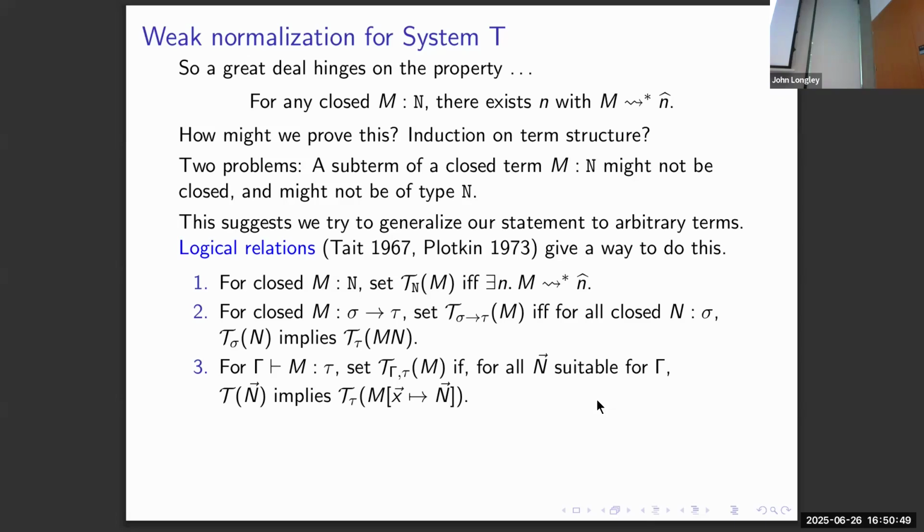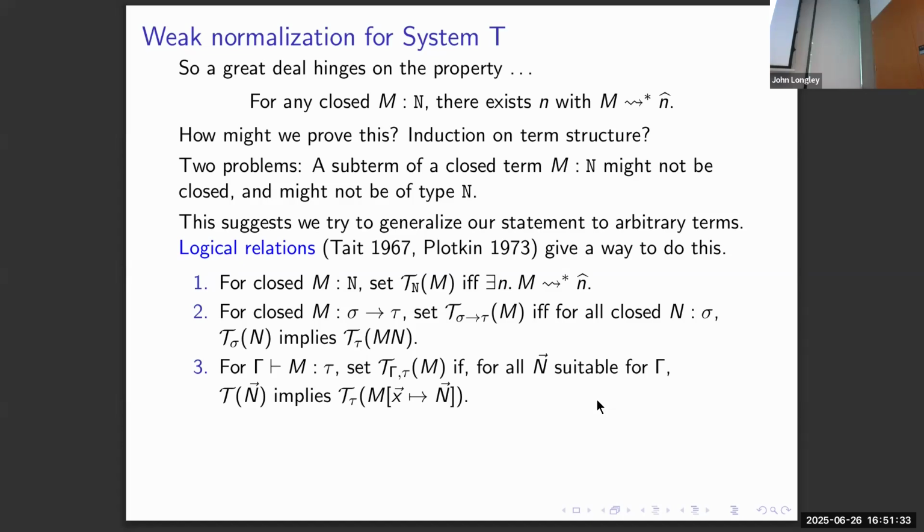And then for a function type, sigma to tau, we say M at that type has property curly T if for all closed terms N of type sigma, if N has the property curly T, then M N has the property curly T. In other words, M itself won't break the property T for terms that already have it. If M N turns out not to have the property T, that's not M's fault, it's N's fault.